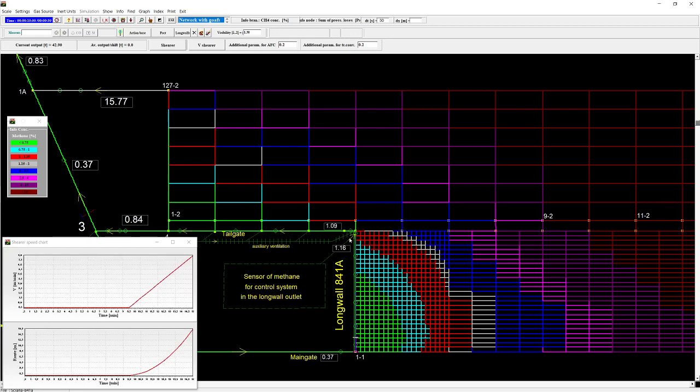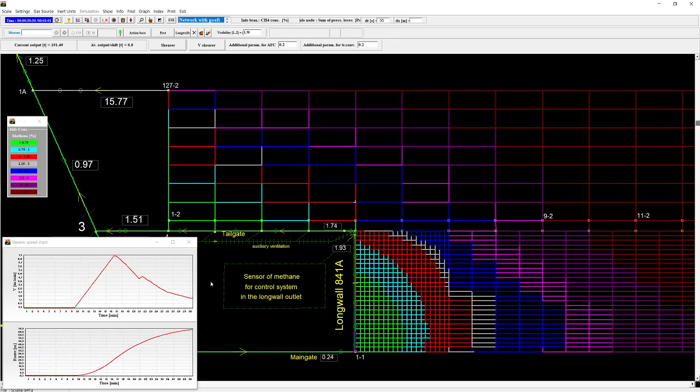So we can see increasing shearer cutting velocity. The shearer advances along the Longwall, and the level of methane concentration is rising. Therefore, the controller reduces the shearer's speed to prevent excessive methane buildup. So the concentration is still increasing, so the speed has to be even more reduced.